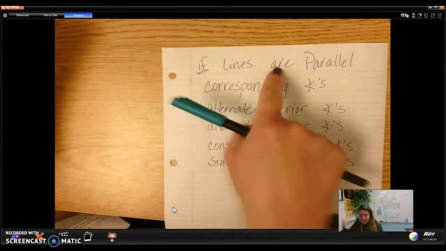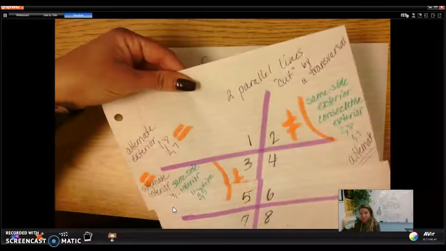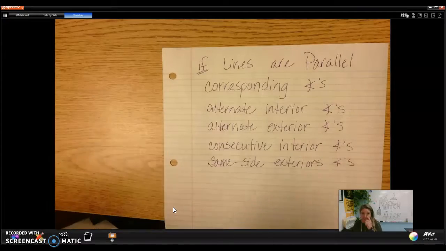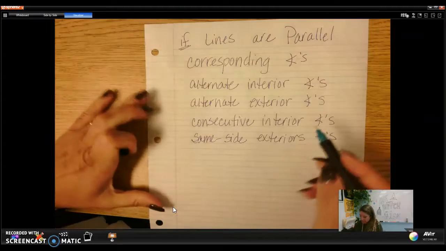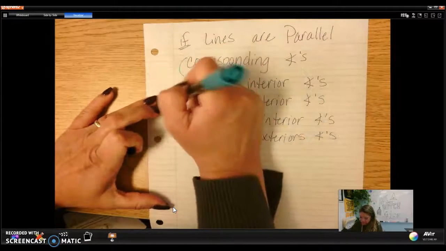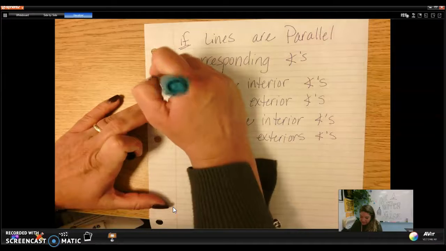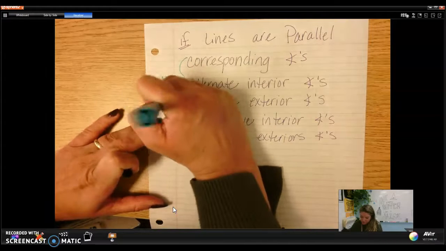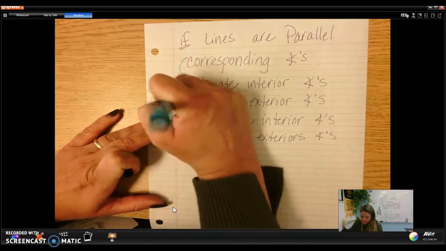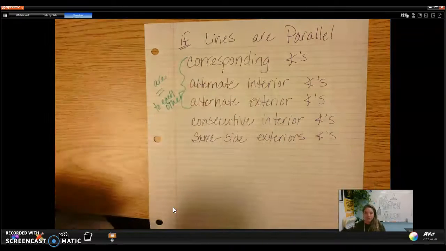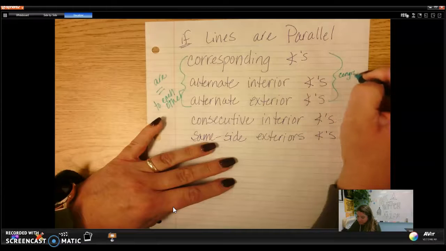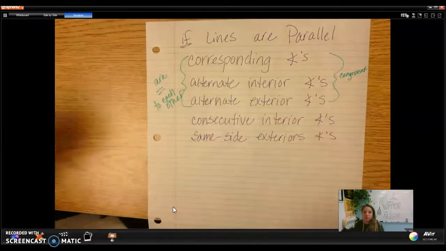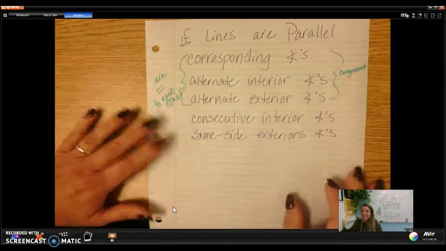Again, if the lines are parallel, remember we started out with parallel lines, corresponding angles, alternate interior angles, and alternate exterior angles are all going to be equal to each other. It's also called congruent. They're equal to each other.